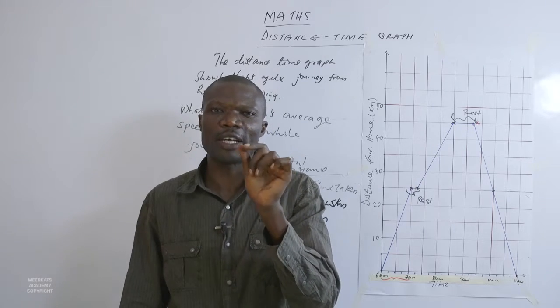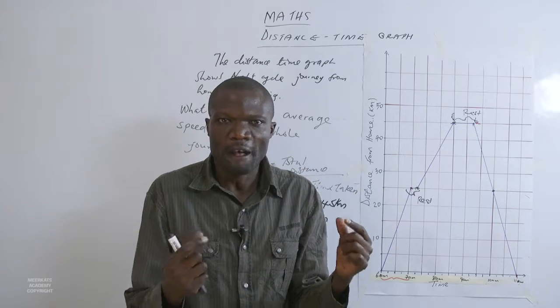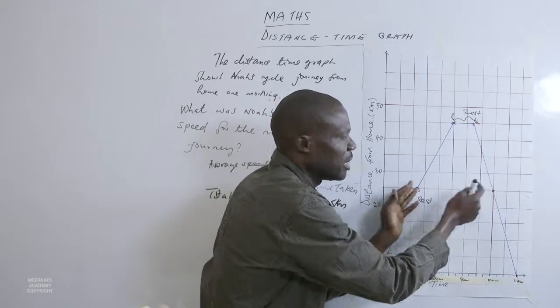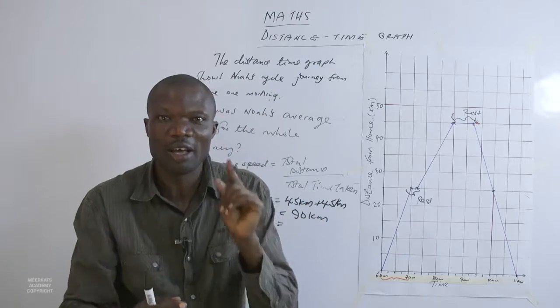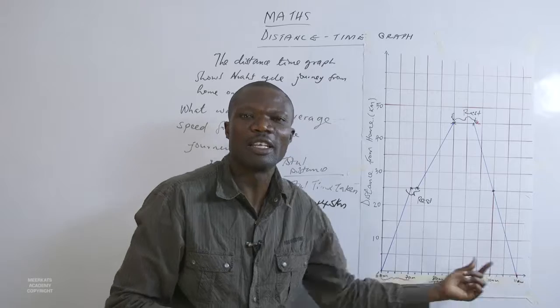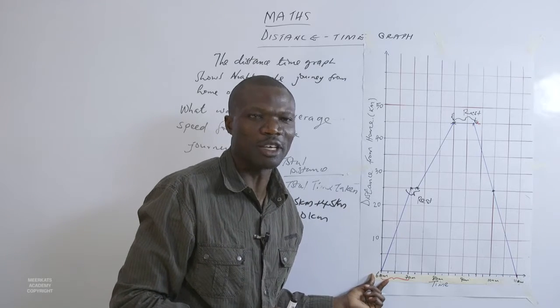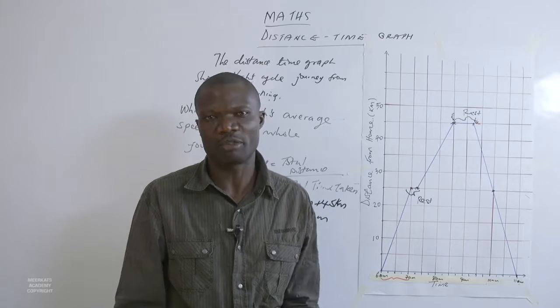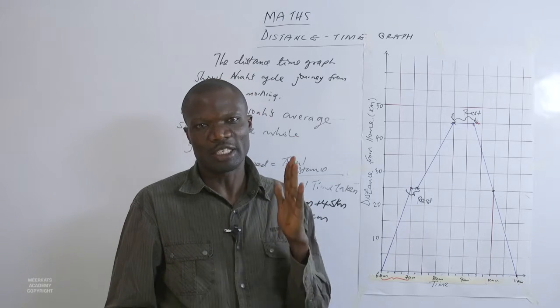No, all that time is counted as the total time. So for us here, it is very easy. We are not going to go into details of these line segments, but instead, we only look at the time when Noah started to travel to the time when Noah arrived back from the journey. That is the total time taken.